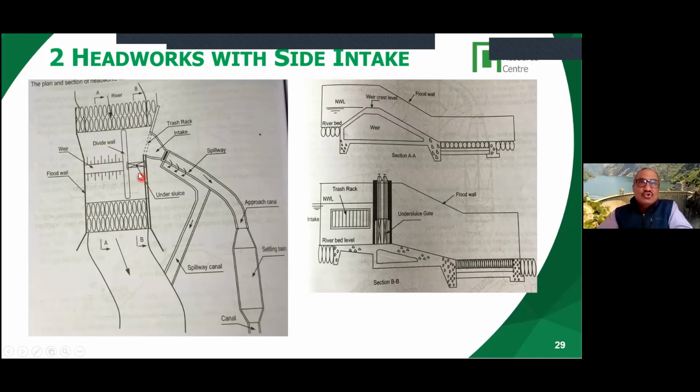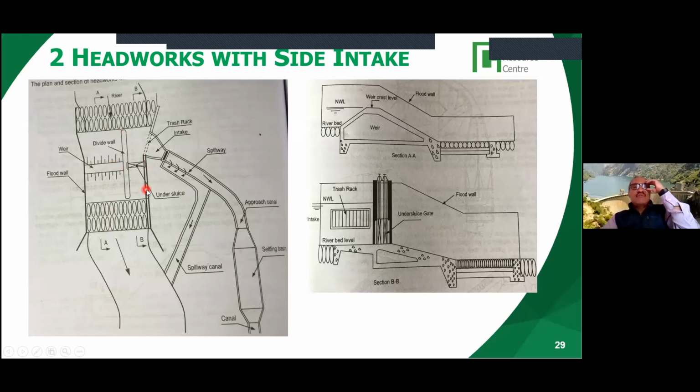The sluice portion is at the level over here. This is the crest height, but the undersluice is slightly depressed. The level of the undersluice is slightly lower than the main weir, and there is a divide wall in between the main section of the weir and the undersluice.